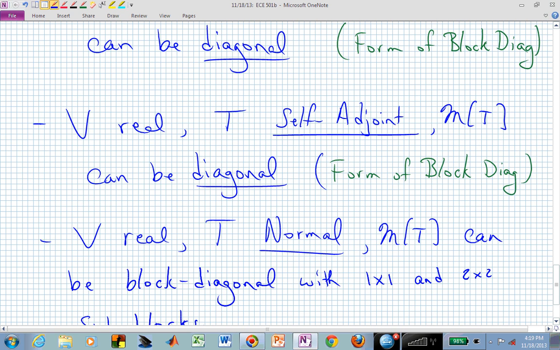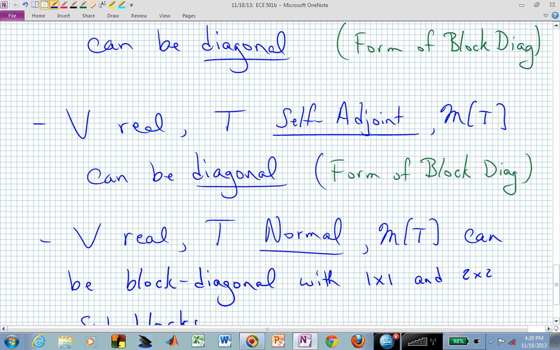V being complex, then what do we need? We need our operator to be normal. If we're on a real operating space, we could have 2 possibilities. T being self-adjoint, that gives us a diagonal. But if we don't have that special case, if T is simply normal, then we could have a block diagonal matrix.